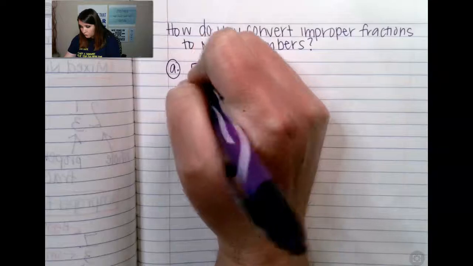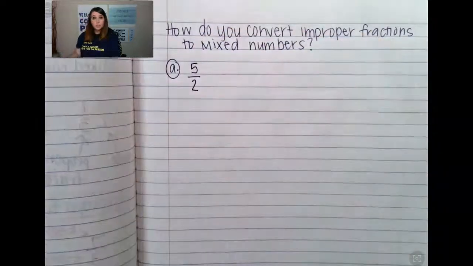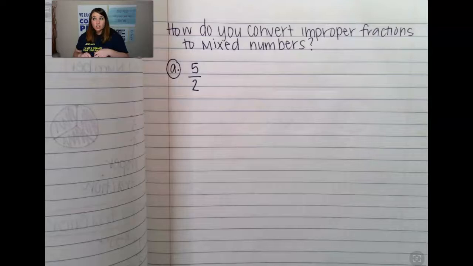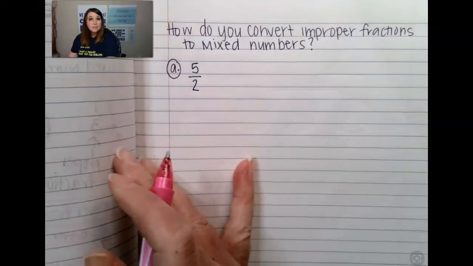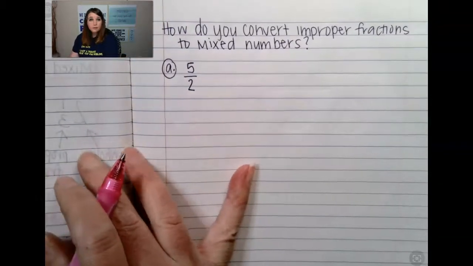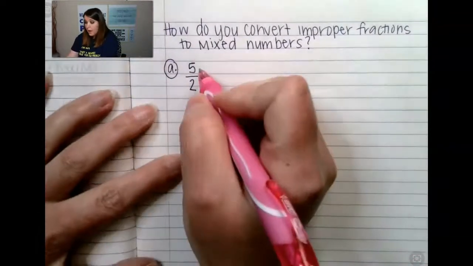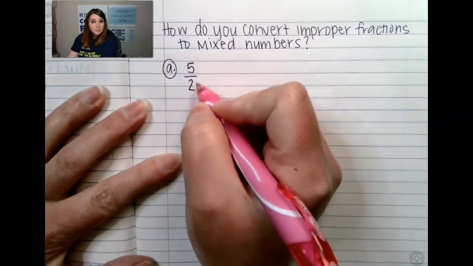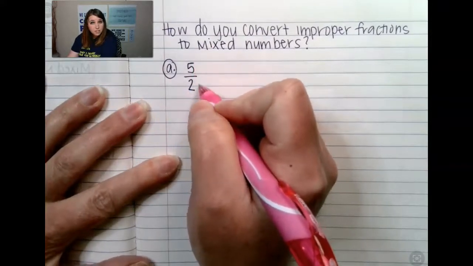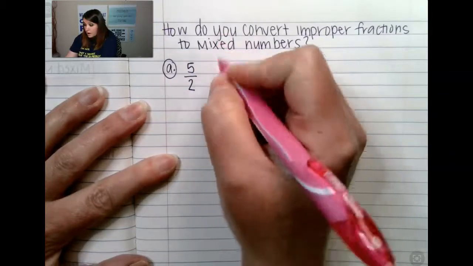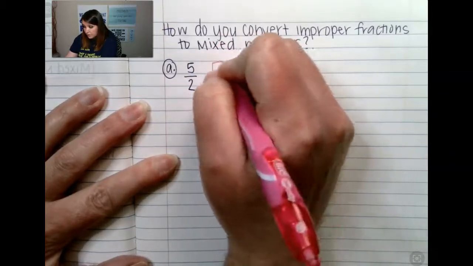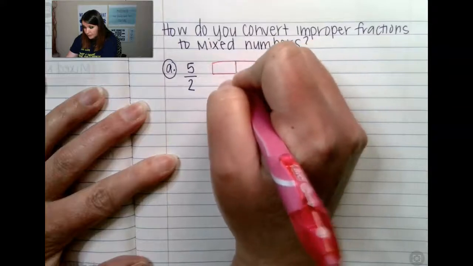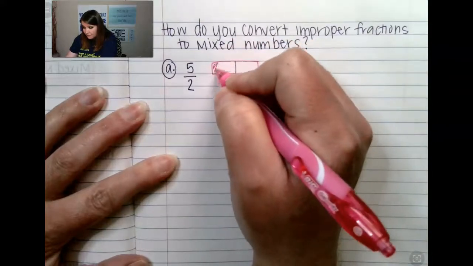5 over 2. So let's talk about first, what does this actually mean? This means that I have 5 pieces that are size 2. Or I have something that was halves, like this, and I have 5 of those.